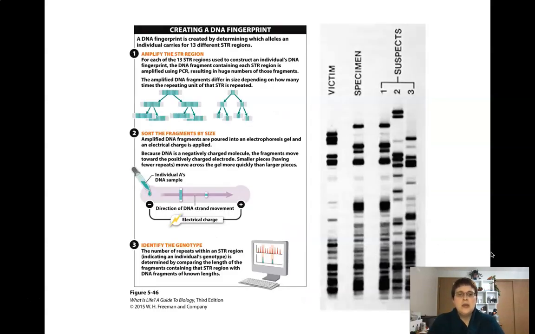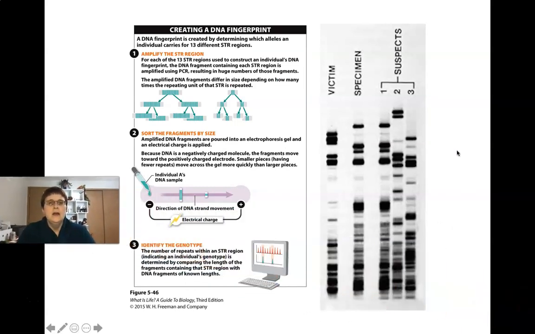And so we can get something like this if this is a crime scene. So you can see we would take a specimen from the victim, so that way we have something to compare with as far as you can eliminate anything that would match them. Here's the specimen for the suspect that we know was there.